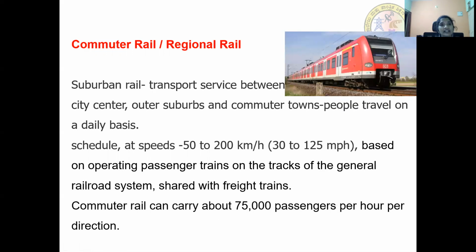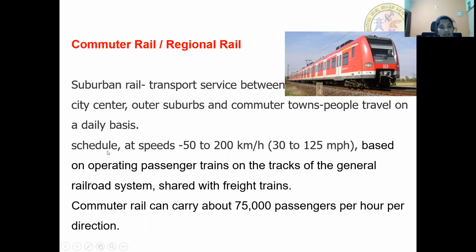So next you have commuter rail. Commuter rail is also called regional rail, the suburban rail or transport service between city centers, outer suburbs and commuter towns. So people travel on a daily basis.